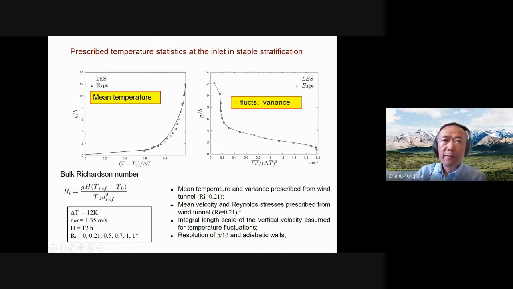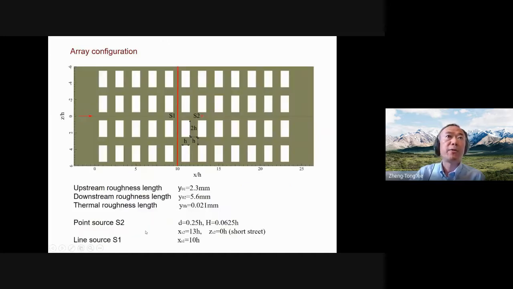We use the same turbulence at the inlet, same integral scale for all the other cases, because we don't have data. But then people argue, okay, for different Richardson number, you may have different inflow turbulence, right? So that's why we have done the 1 star. Yeah, I'll come to this point later.